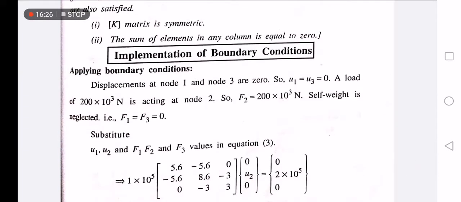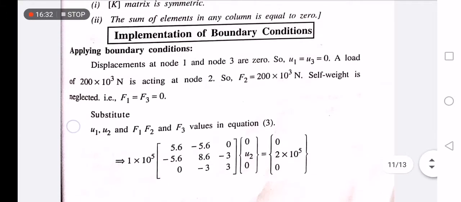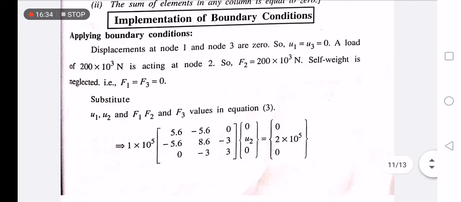A load of 200 into 10 raised to 3 Newton is acting at node 2, so F2 is given as 200 into 10 raised to 3. Self weight is neglected, that is, F1 is equal to F3 is equal to 0. So we can substitute U1 and U3 equal to 0, F1 and F3 equal to 0.